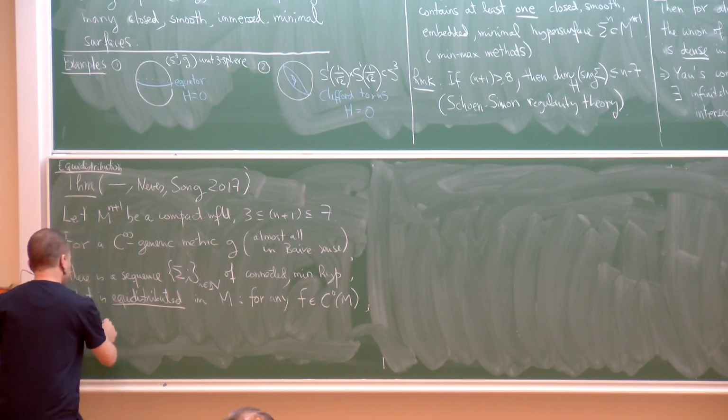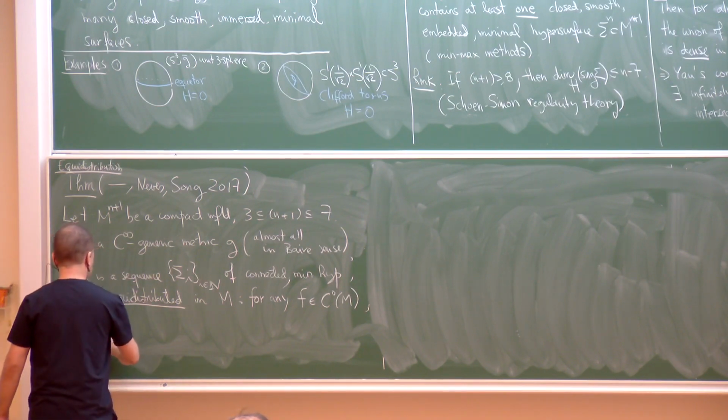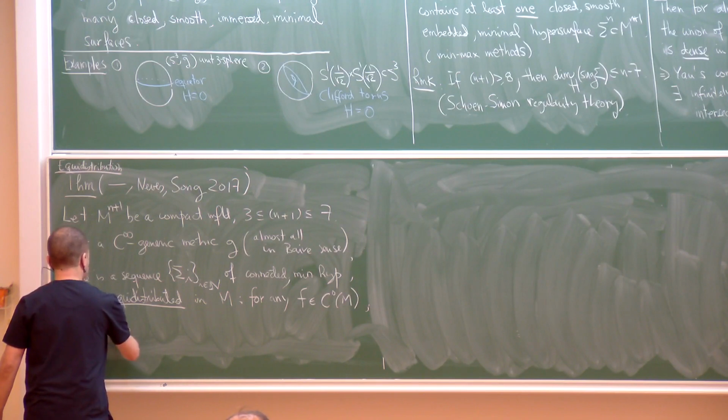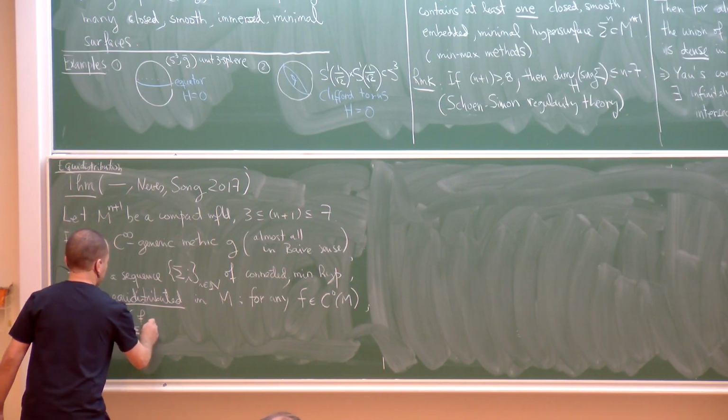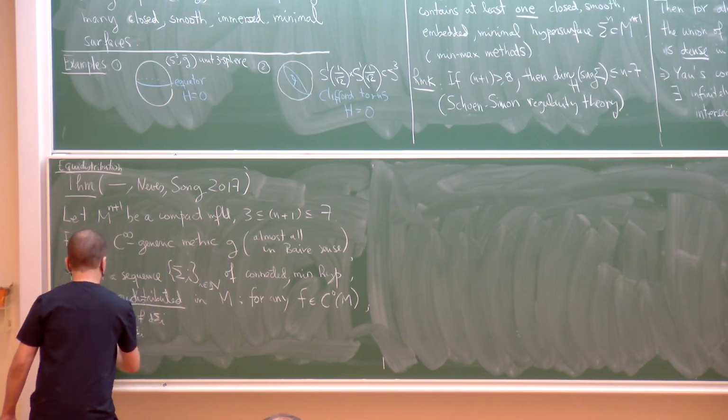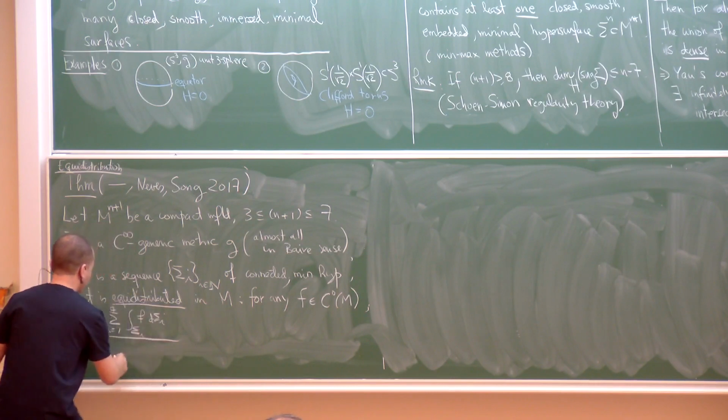So if I take the limit as q goes to infinity of the following expression, I sum up the integrals of f over the surfaces, and I divide by the total volume.